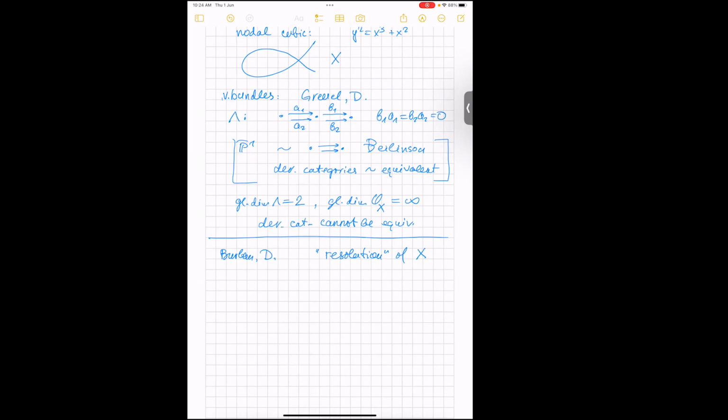Over X, they are much more complicated. We propose another resolution.